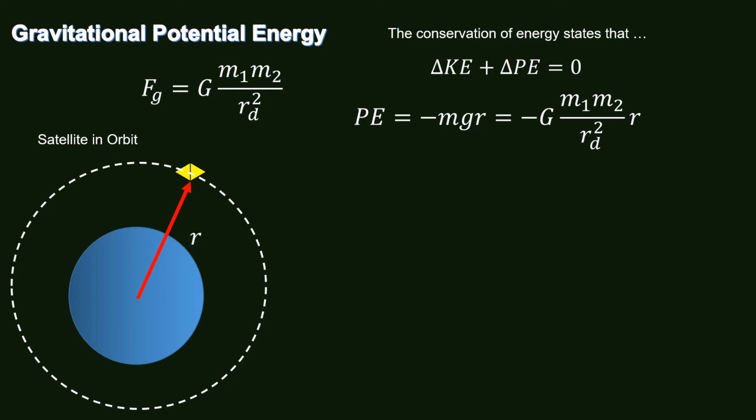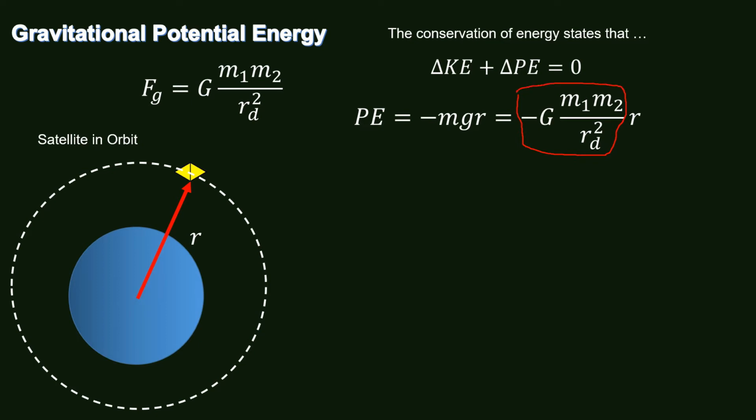So, our potential energy equation, mgh, we're going to substitute r for h, and we're going to equate this to this equation right here. This part right here is Newton's gravitational force equation.